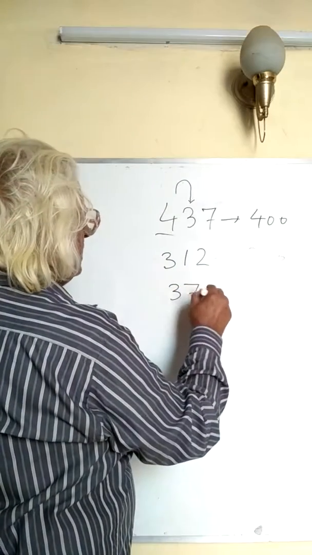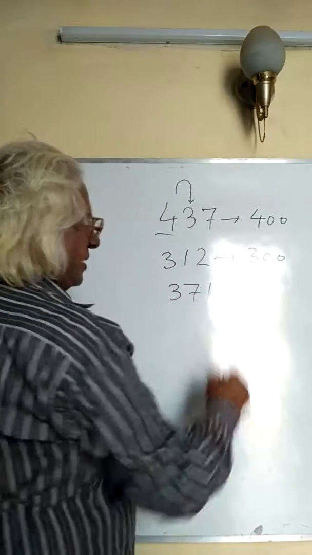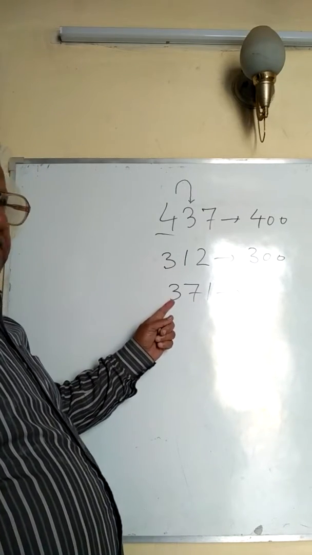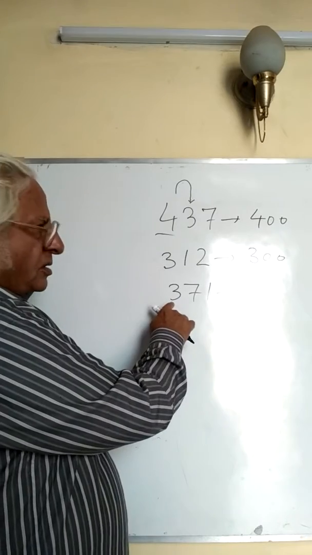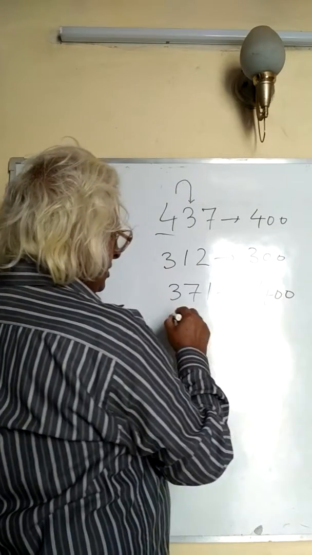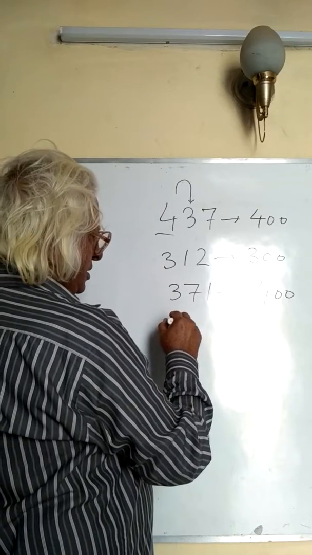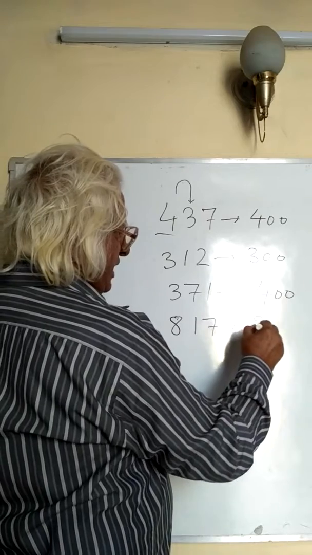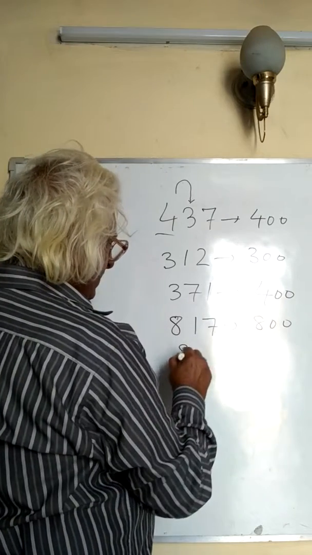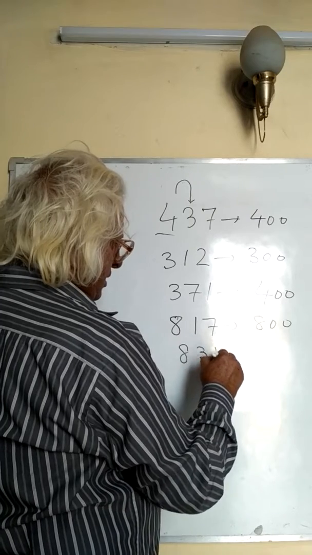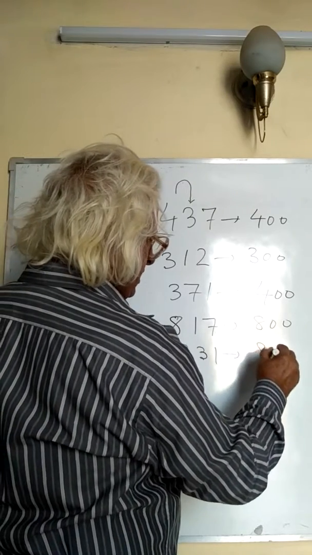But if it is like this, this digit is more than 5. So you have to add 1 to this. So this becomes 4 followed by zeros. This will be 800. But if it is like this, it is also 800.